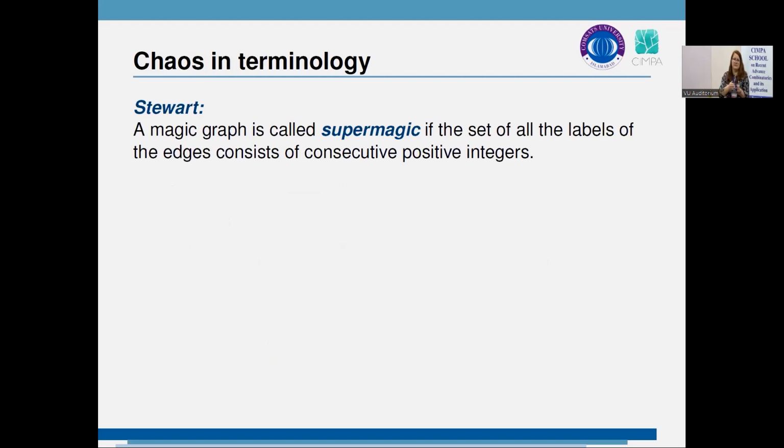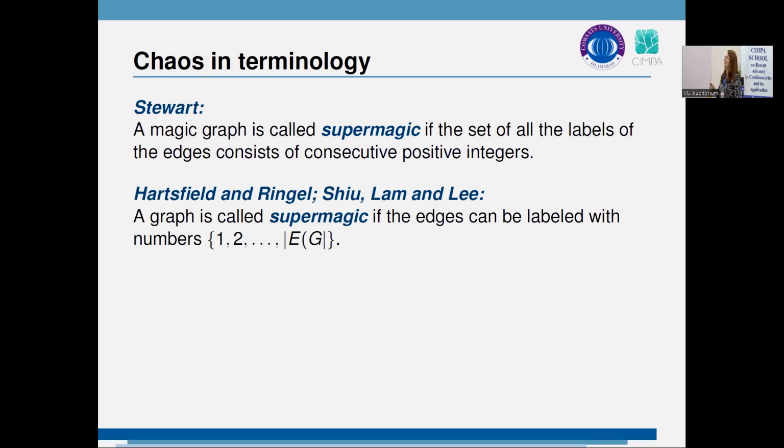So we can start with number 7. But other authors, for example Hartsfield and Ringel or Shiu and Lee, call a graph supermagic, the same notation, but with a different definition: when the used numbers for labeling the edges are the numbers 1, 2, 3 up to the number of edges.